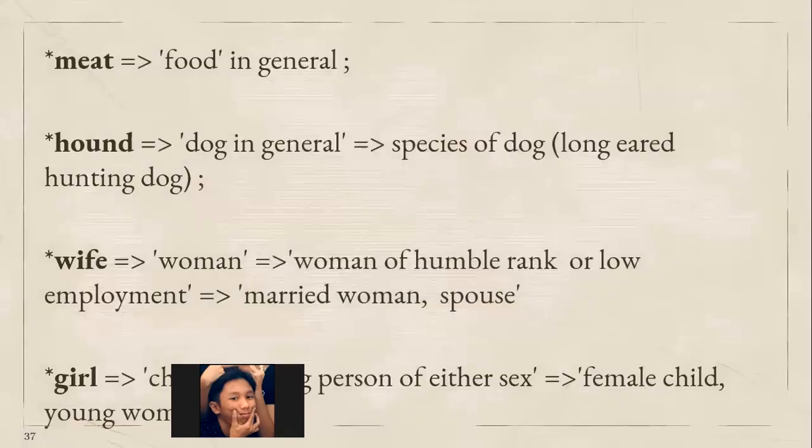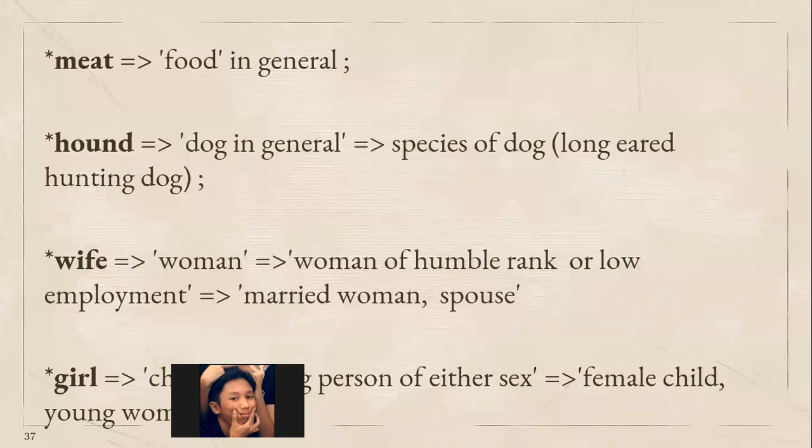Okay, for example, the word meat referred to food in general. But today, the word meat refers to a specific type of food, animal meat like pork, chicken, beef, fish.